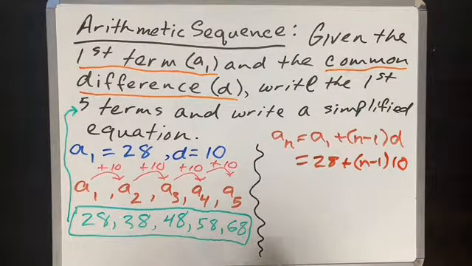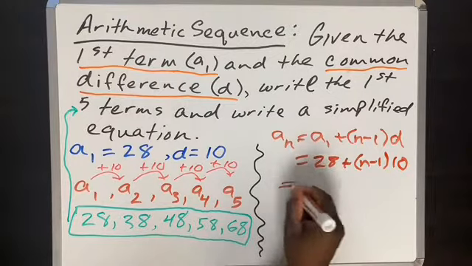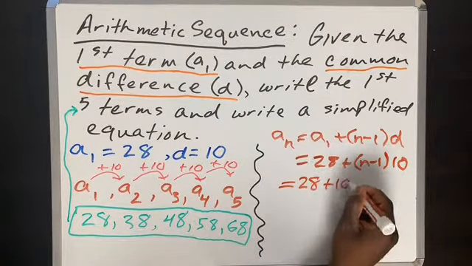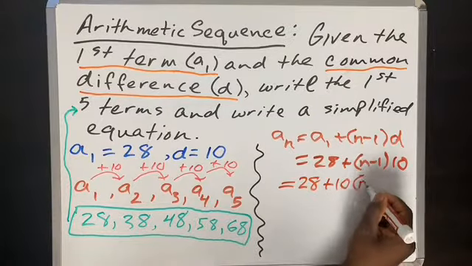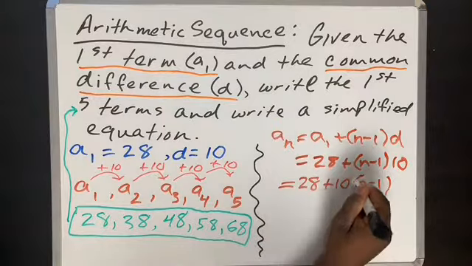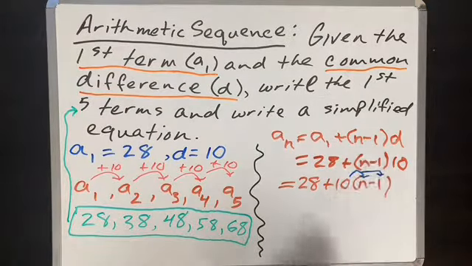Now we're going to rewrite this equation and bring the 10 on the left side of n minus 1. a sub n equals 28 plus 10 times n minus 1. Very good. Now we're going to use the distributive property. We're going to multiply 10 times n and 10 times 1.